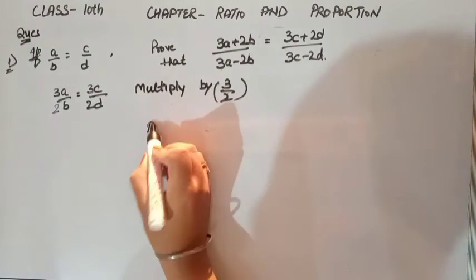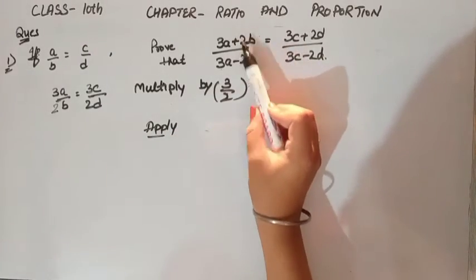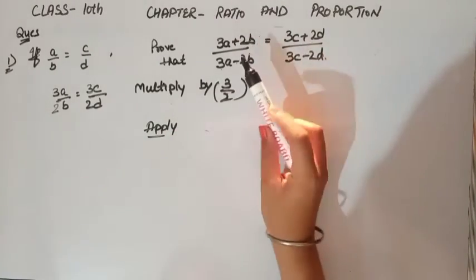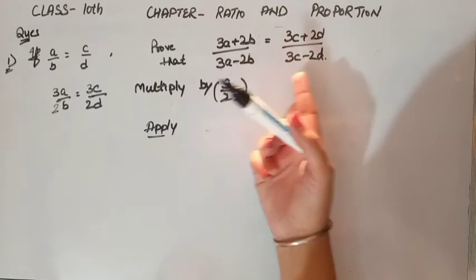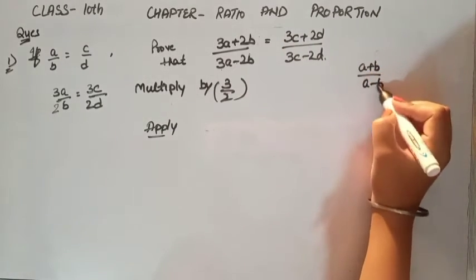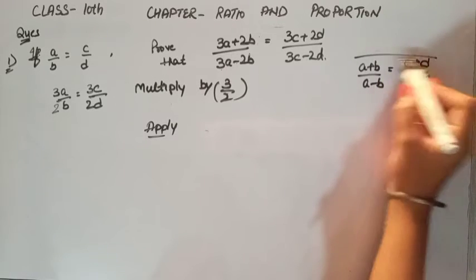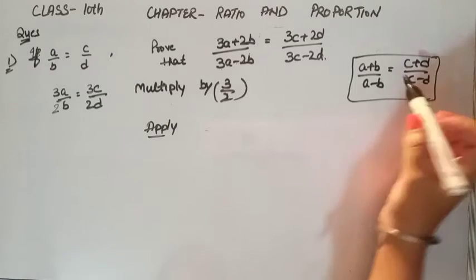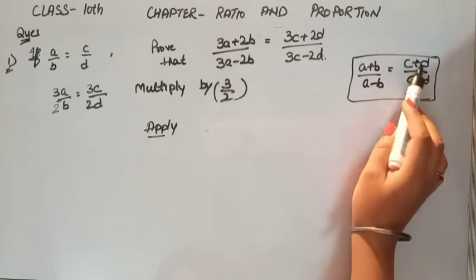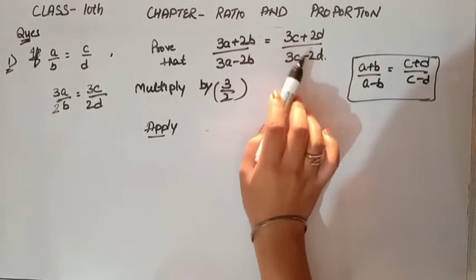Now, what is over here? Plus and minus, and it was a case of componendo and dividendo where we get A plus B by A minus B is equal to C plus D by C minus D. This was the result of componendo and dividendo. Over here we get an add sign in the numerator and a subtraction sign in the denominator. So this is similar to here.